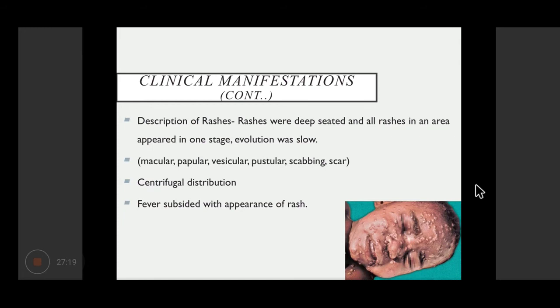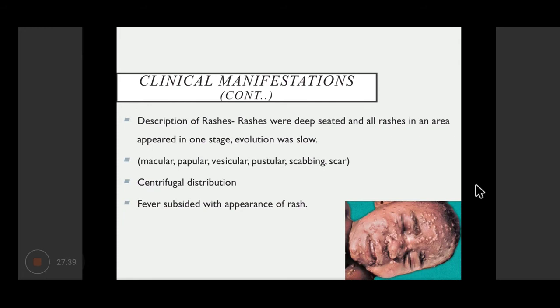Initially, the rashes would be macular, that means they were not raised, they were at the level of the skin, then gradually becoming papular, which are slightly raised, solid lesions, then vesicular, which are fluid-filled lesions, pustular, which tend to become purulent, and finally they healed with scabbing and scarring.